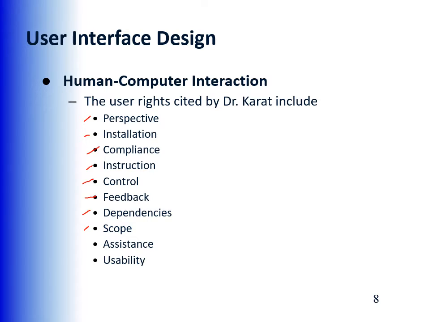Okay, assistance, the user has the right to communicate with the technology provider and receive a thoughtful and helpful response when raising concerns. Okay, usability, the user should be the master of software and hardware technology, not vice versa, which means products should be natural to use.